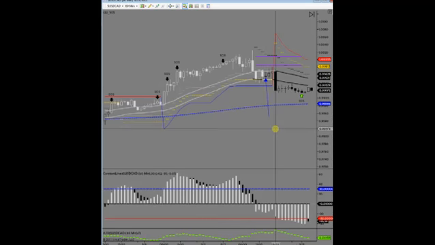So just to go over it, what we had was a trend following market, or a market in a trend continuation mode, which was confirmed by the bull rotation that the market exhibited here on this candle.